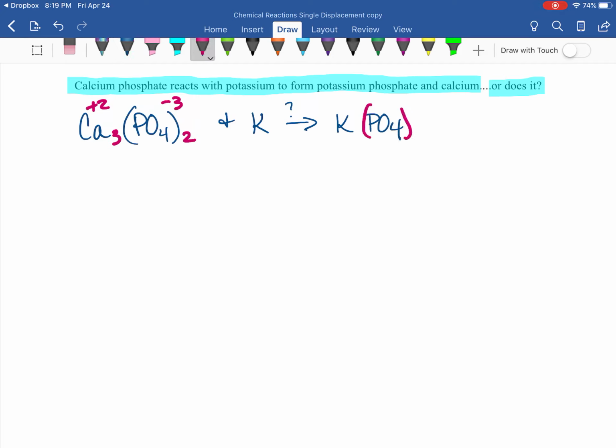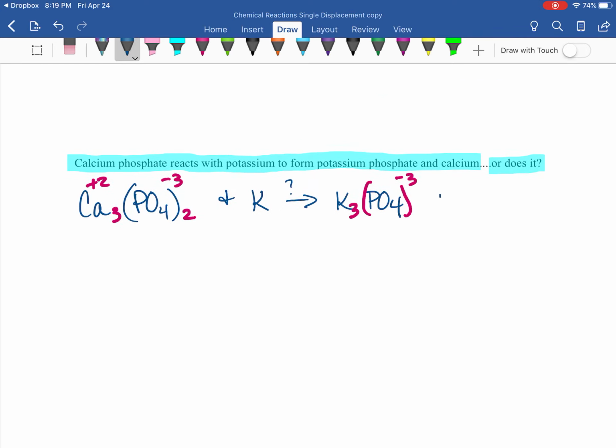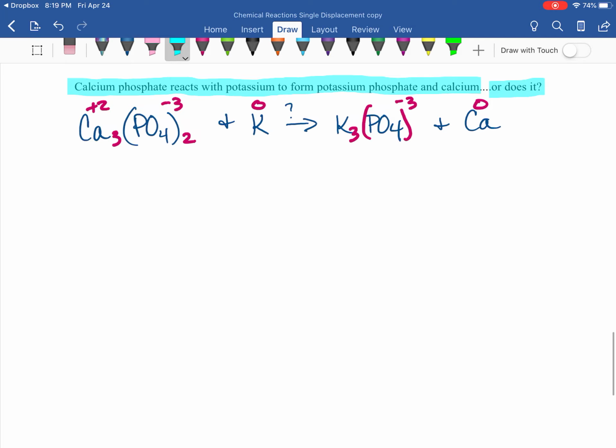And we're going to react that with potassium. And we're going to form, or are we, potassium phosphate. All right, how are we going to draw that? Phosphate, remember, is a -3. We're going to need 3 potassiums and calcium.